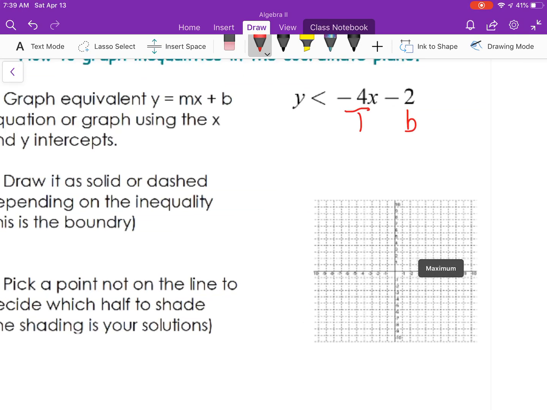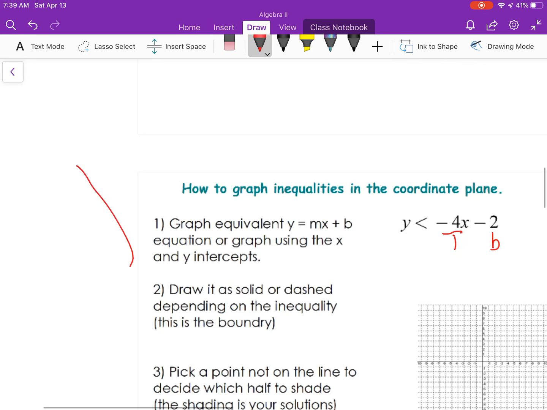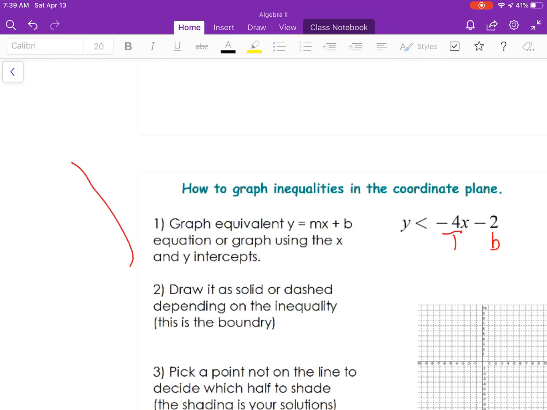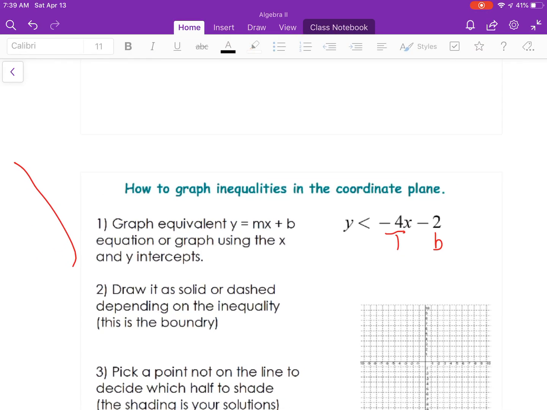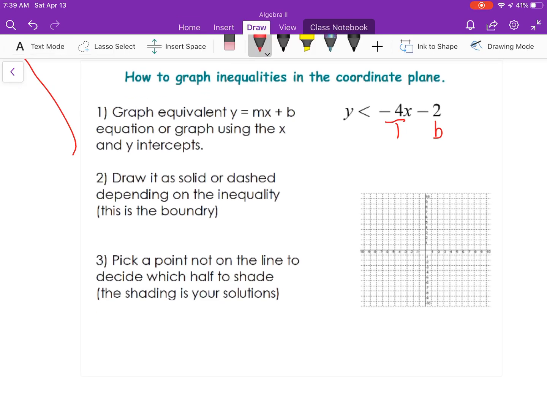So I'm going to go to my graph paper. I'm going to go at -2 on the y-axis, and I'm going to go down 1, 2, 3, 4 blocks and over to the right one.